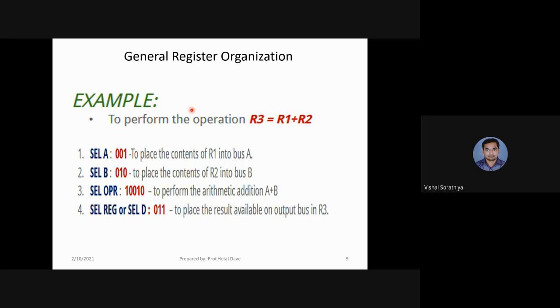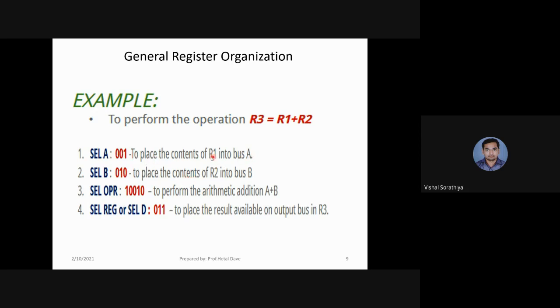Somehow today we need to complete this lecture because it has already started, so we will see what things we have here. As per the examples, it's the same stuff. If you want to do the OR of R1 and R2, simply place the selection of register A as 001 and B as 010.